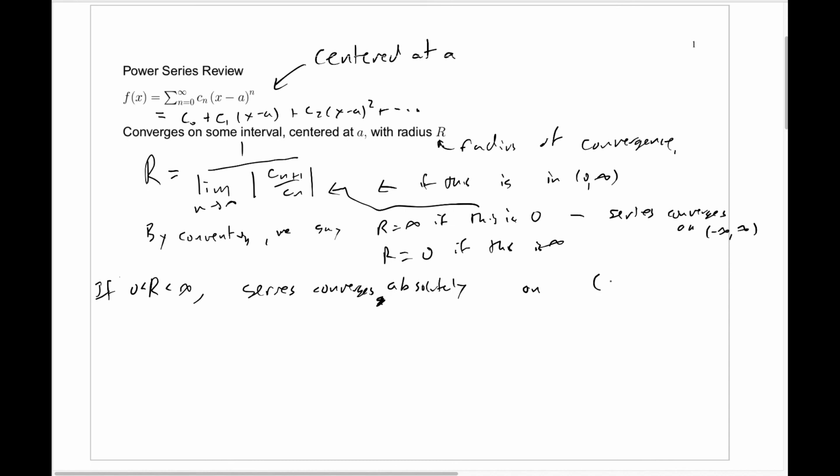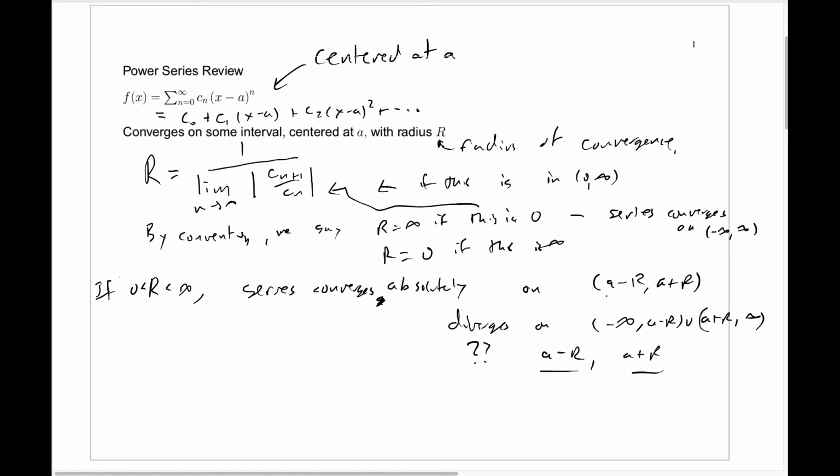On this interval from a minus R to a plus R. This is an interval centered at a of radius R. It diverges on the set minus infinity to a minus R union a plus R to infinity. And the only points we've left out are these endpoints, a minus R and a plus R.